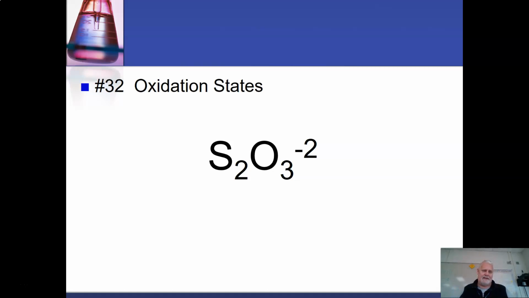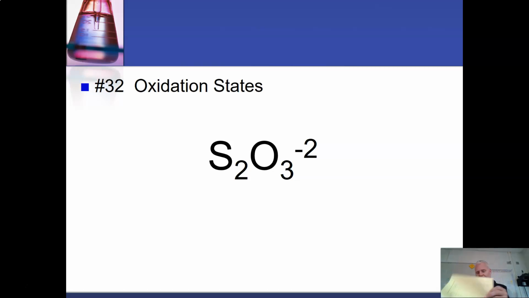With a problem like this, you know that you have to have -2 left over. I would strongly recommend looking up oxidation states either online or in your notes to review the rules for assigning oxidation numbers. Between these two, sulfur's kind of all over the place, but oxygen is always -2 unless it's a peroxide. Well, this is not a peroxide.